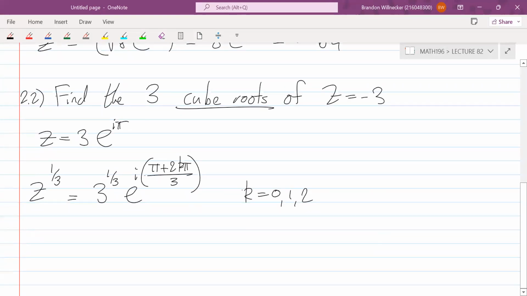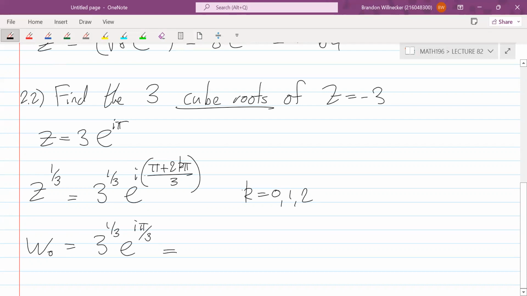So if we substitute 0, we're going to get w0. That's just how we write the roots. So if z is the original complex number, we use w0, w1, w2 to represent the cube roots. So that's going to be 3 to the 1 over 3, and if k is 0, it's going to be e to the iπ over 3.